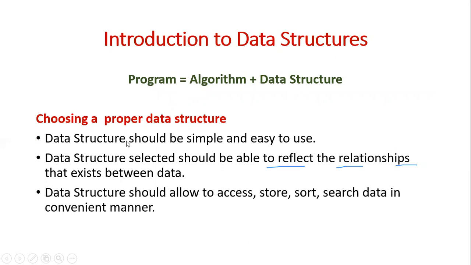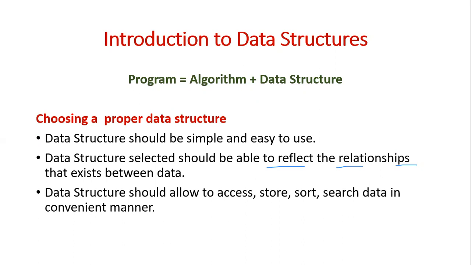The programmer should ensure that he is choosing the right data structure so that the program will be simple and easy to use. And the data structure selected should reflect the real relationship that exists between the data in the real world.